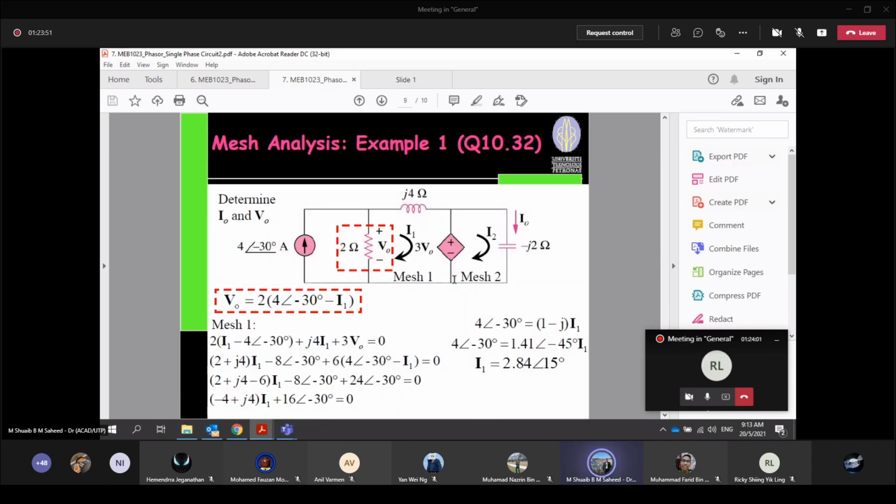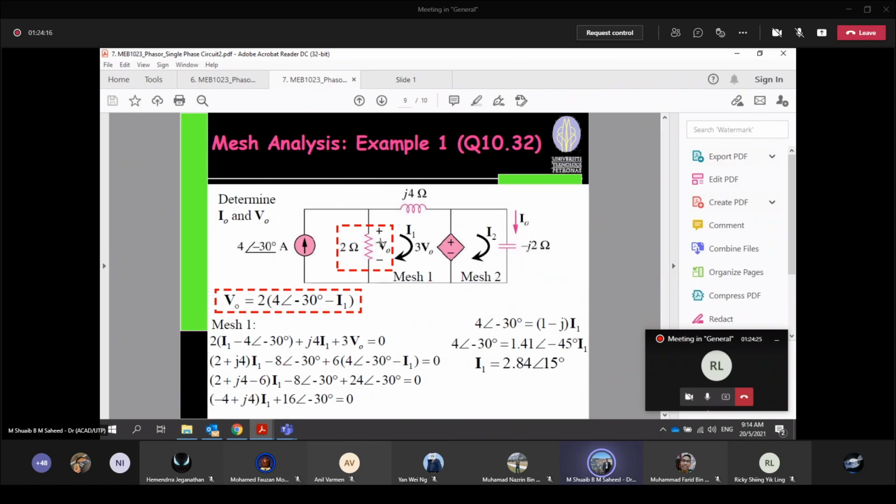Okay, example. Solve this circuit by using mesh analysis. Determine I0 and V0. Where's your I0? I0 is the current going through the negative j2 ohm branch, the capacitor.